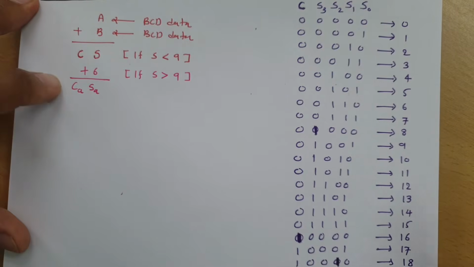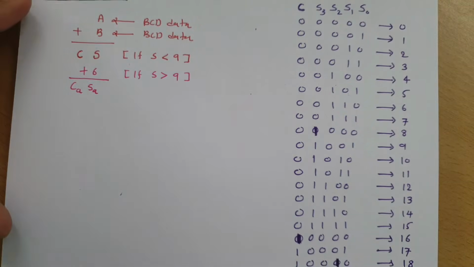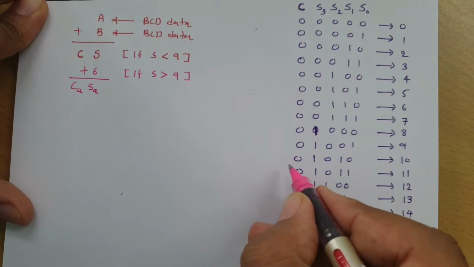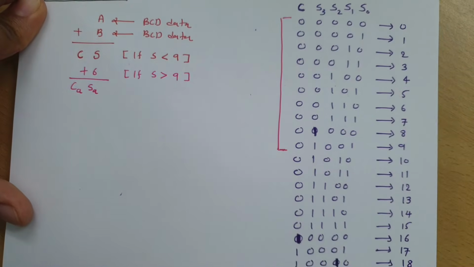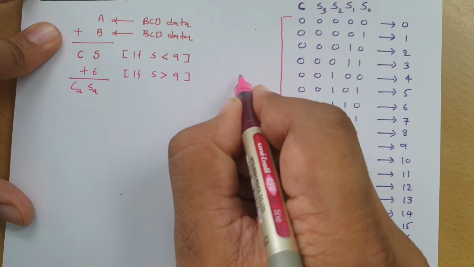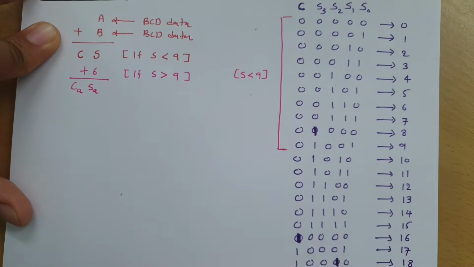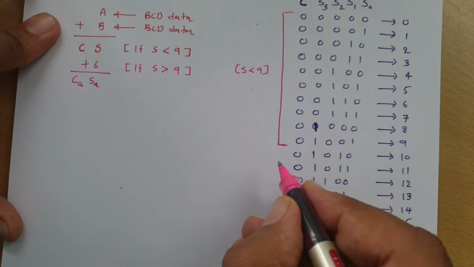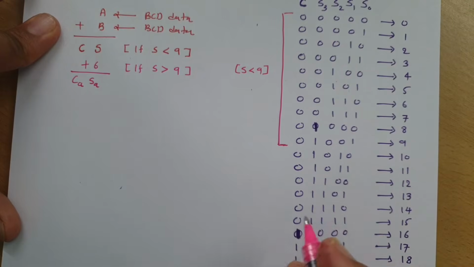These are the possible combinations that you can observe. As per all possible combinations, if the addition is less than 9, then you don't need to add 6. But if the addition is greater than 9, then there are again 2 possibilities.